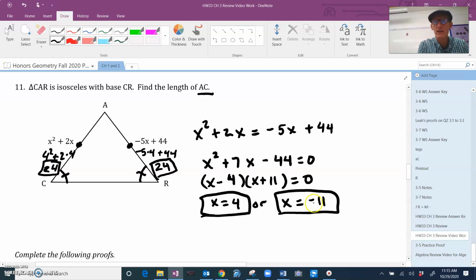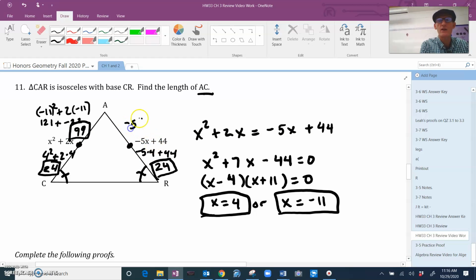Now, if I plug in negative 11, let's see what happens. Negative 11 squared plus 2 times negative 11 is 121 plus negative 22, which is 99. Okay? Now, do we get the same thing?